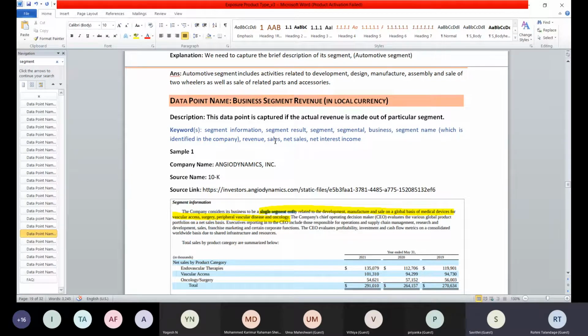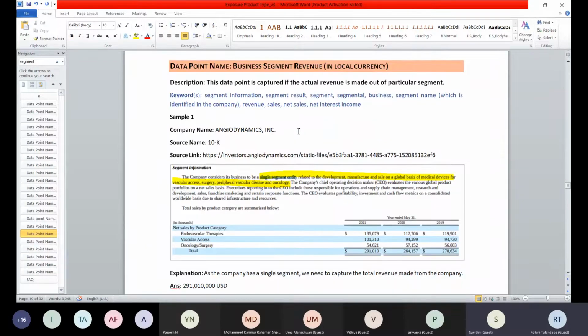After that we have business segment revenue. For this data point, we have to check how much revenue they are generating from each segment. For this we have some keywords, like segment information. For this also, you can go with the business segment names.